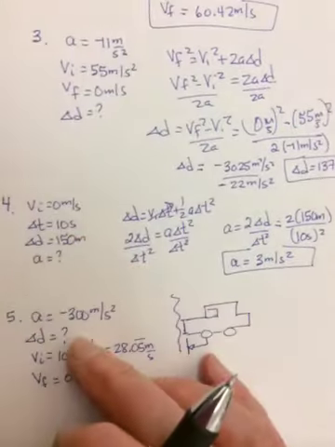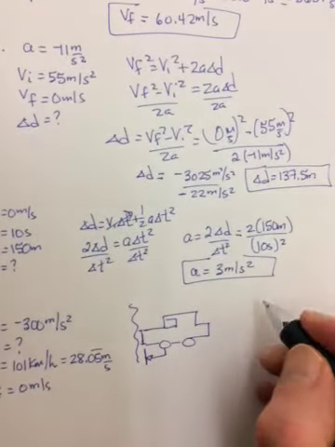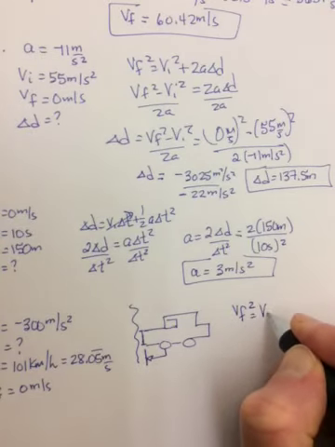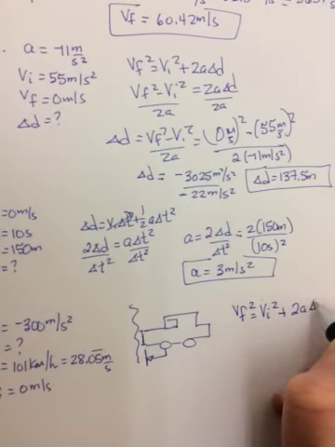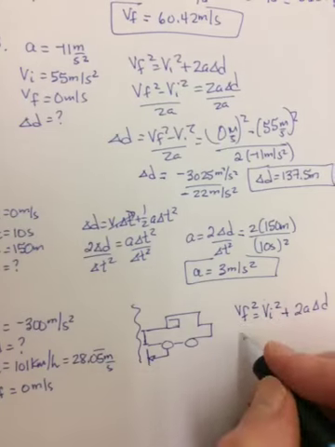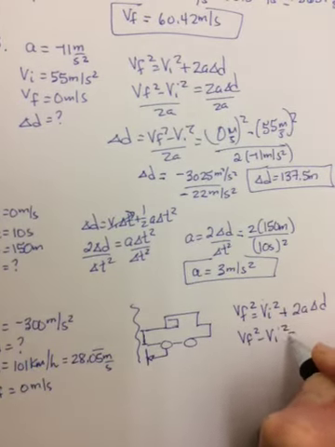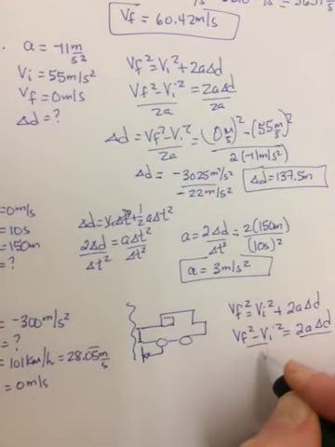Okay, so we have an A, a VI, a VF, and we want a delta D. We don't have any time, so you would use the equation that doesn't have time up there. VF squared equals VI squared plus 2A delta D. And you're looking for delta D. So bring the VI squared over by subtracting it. And then to get the delta D alone, divide both sides by 2A.